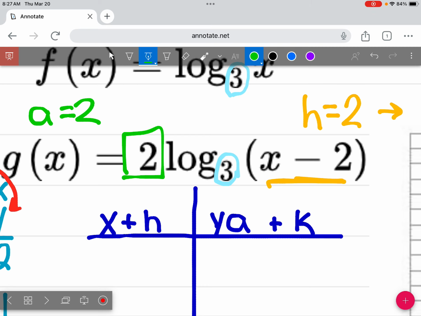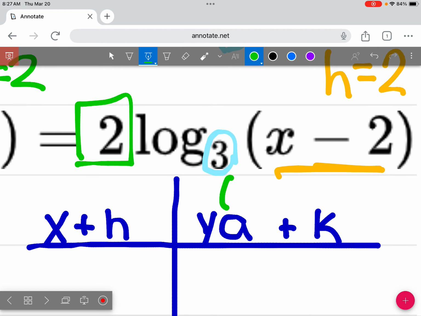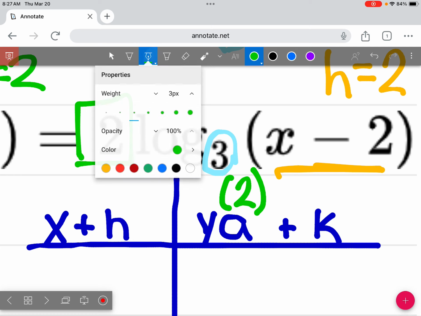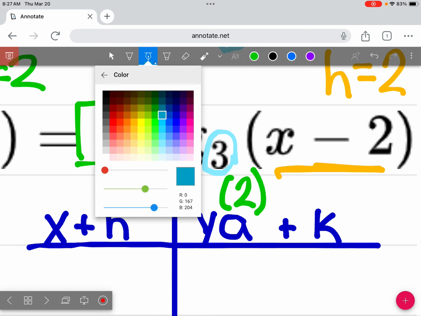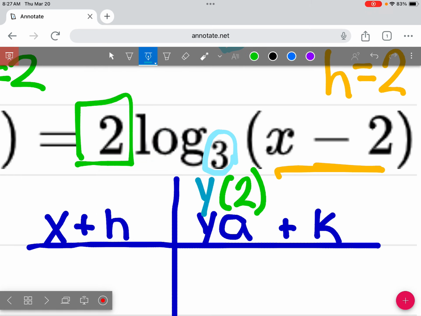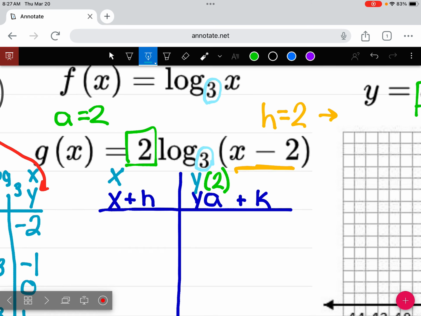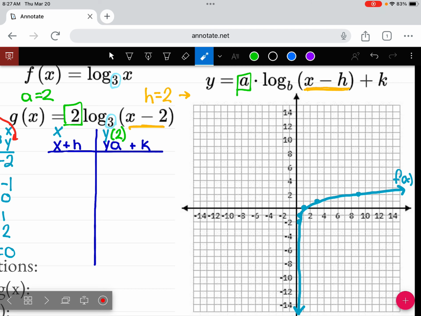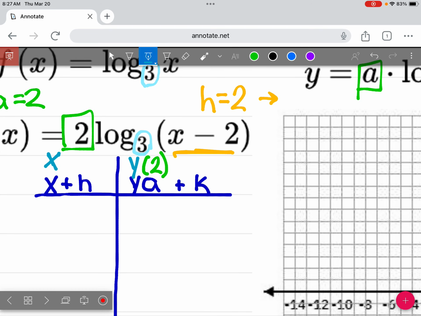So when we apply these transformations, we're going to take our parent functions and apply these. What is our K for this one? It's not the 3. Look at where k is on our form. So k is over here. What's added over here? Nothing.